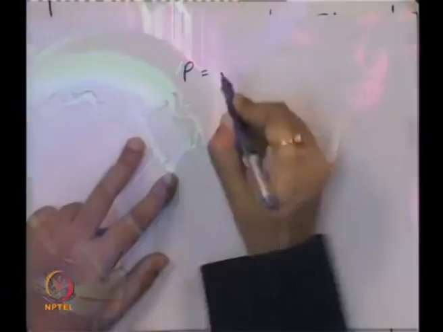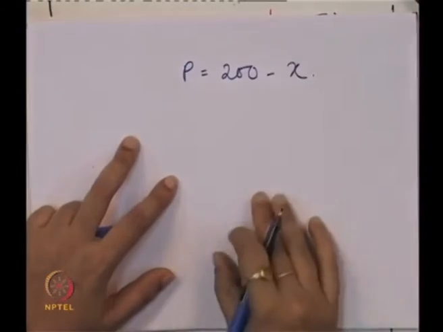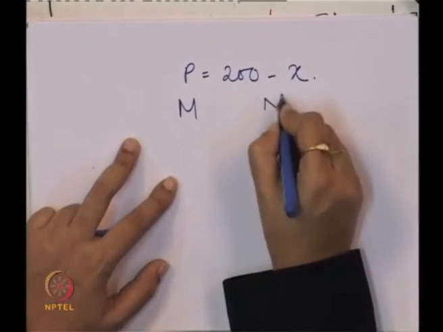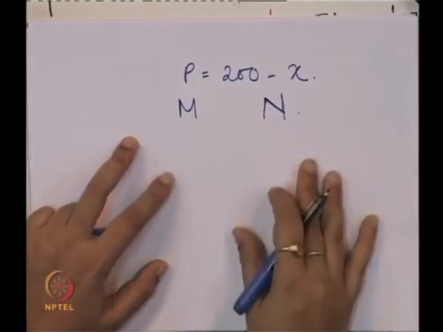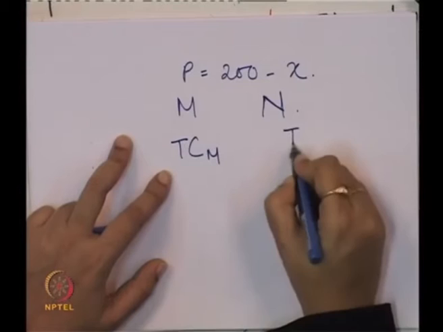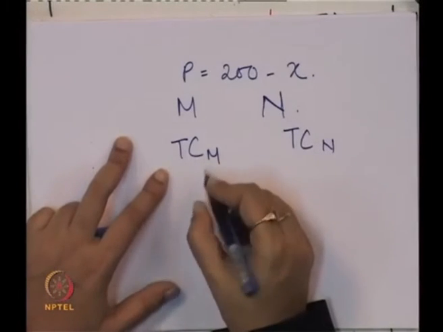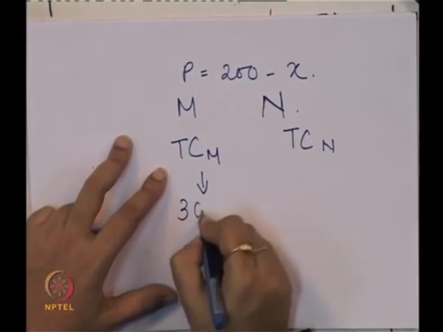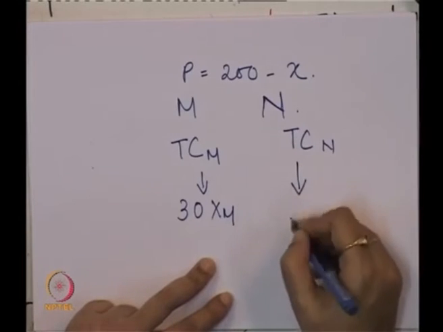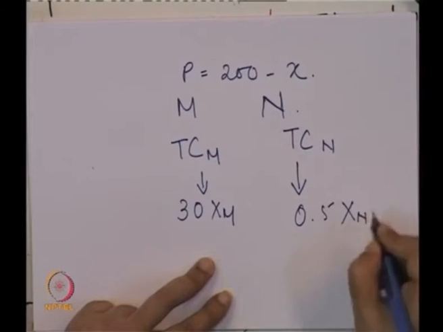So, the demand function is 200 minus x. We have 2 plants, M and N. The total cost function for M is 30 xM, and the total cost function for N is 0.5 xN square.